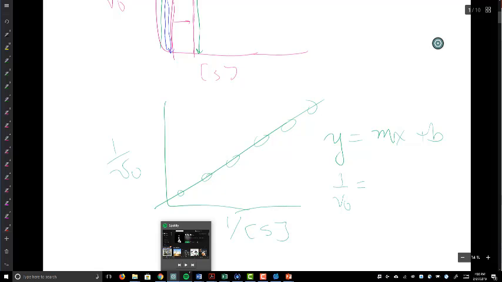So our slope is going to be equal to, I think, Km over Vmax. And then our b is equal to 1. So the point at which our line is going to cross over the y-axis is equal to 1 over Vmax. So there we go, 1 over Vmax.